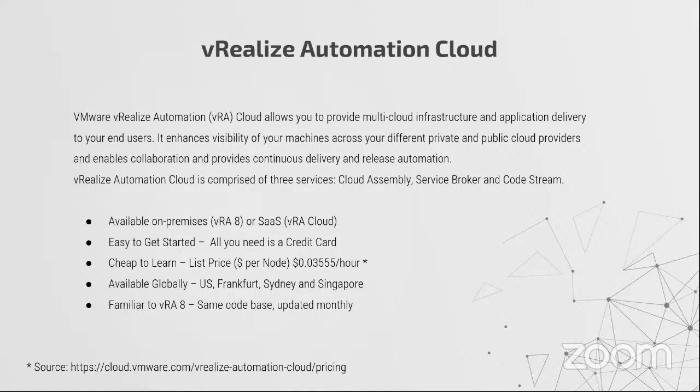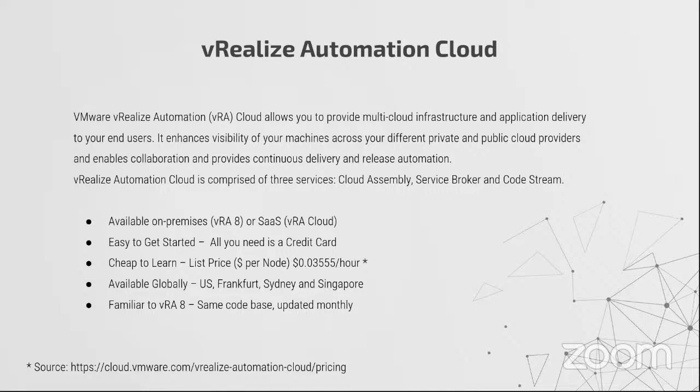So VRA, or vRealize Automation, cloud version, basically allows you to provide multi-cloud infrastructure and application delivery to your end users. It means you can deploy machines across all your different public and private cloud providers, ensure that teams can collaborate together, with continuous delivery and release automation as well.